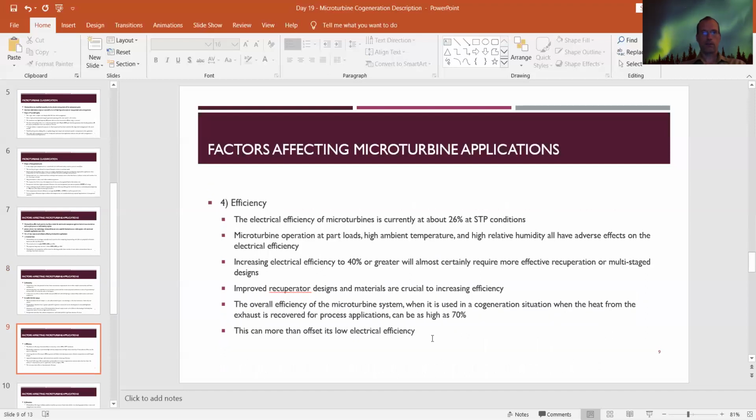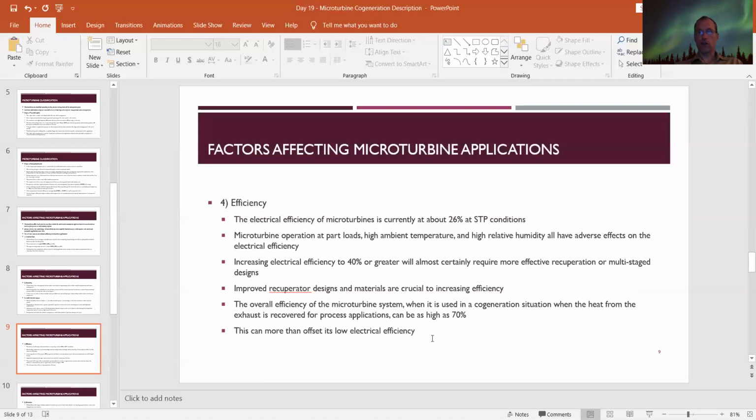Fourth is efficiency. The electrical efficiency of microturbines is currently about 26%. That's at SDP conditions and for the recuperated units, and that's kind of an ideal scenario: continuous duty, not being turned off and on. If you're operating at part loads, turning on and off, or if you have high ambient temperature, that's not a good thing.